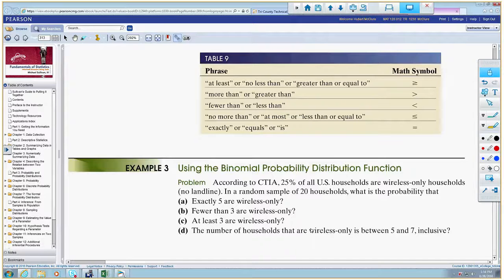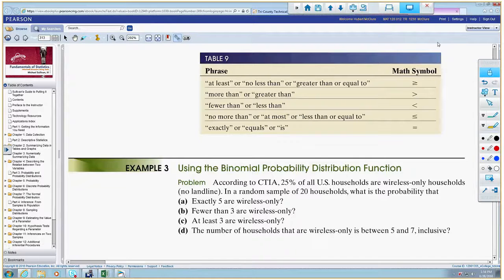Think of it as a number line. What's your lowest number for at least 3? 3. So that means everything above it, 3 and above. We've already done all the other ones, all we have to do is 3.